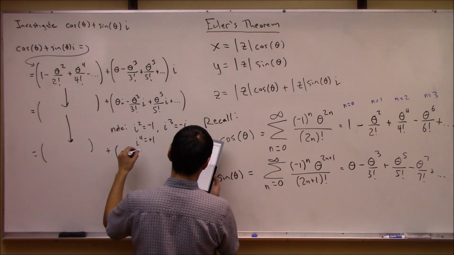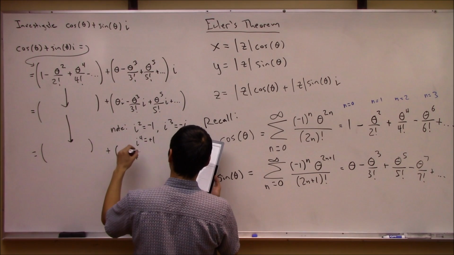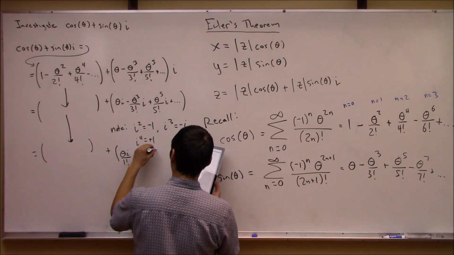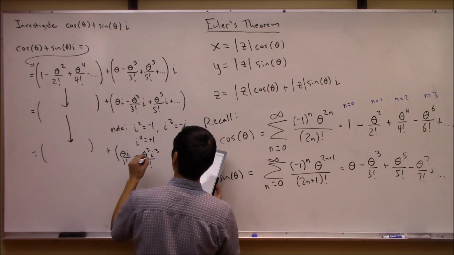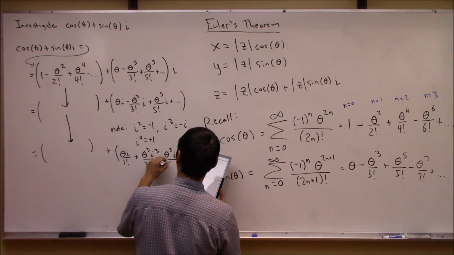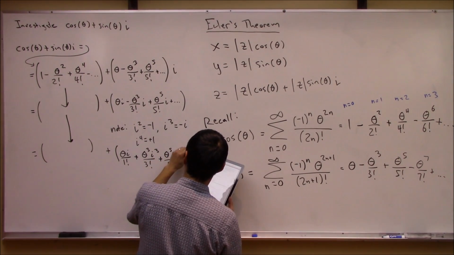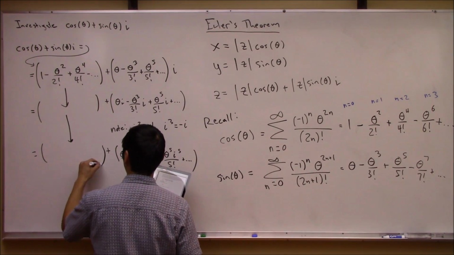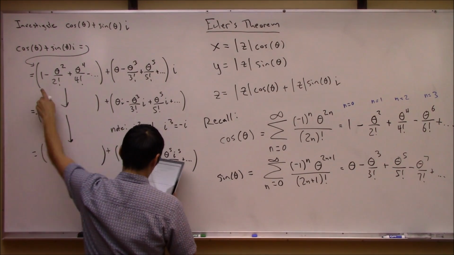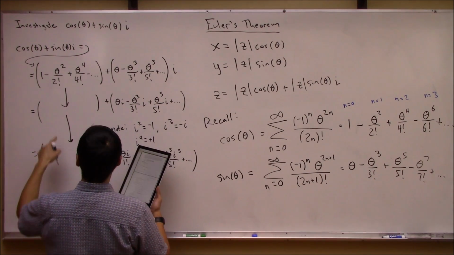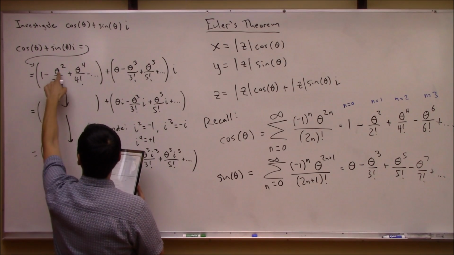Plus theta cubed I cubed over 3 factorial plus theta to the 5th I to the 5th over 5 factorial plus yada yada yada all the way down the row, okay? And then over here I do want to mess with this because I want to do it in a similar fashion. So this here can still stay a 1, right? But now I could actually rewrite this here as plus this term, right?